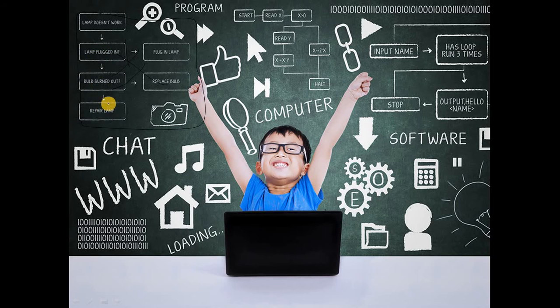Is the bulb burned out? Repair the lamp, or replace the bulb. The child is very happy doing coding. The child also needs a laptop or a PC; the PC is the best, so we can start with the PC.